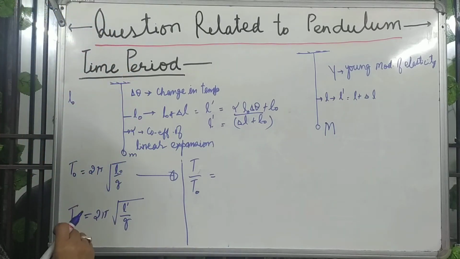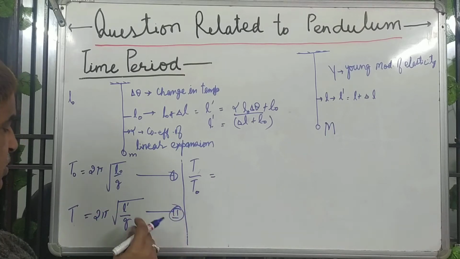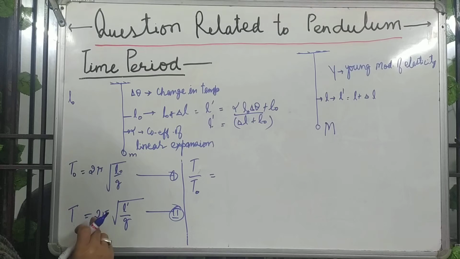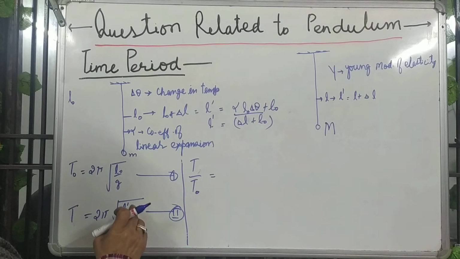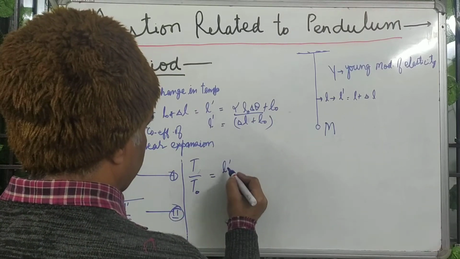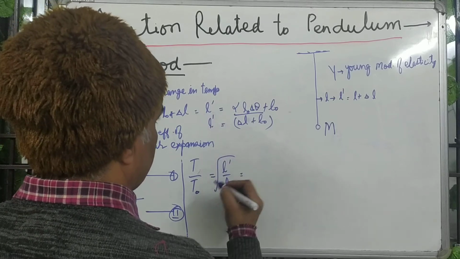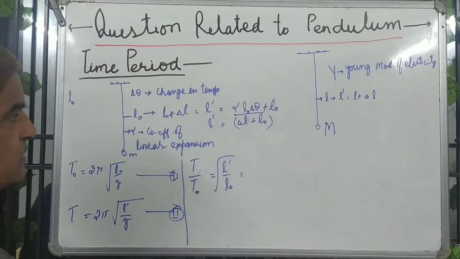In this, if we write equation number 2 divided by the first, 2 pi will be cancelled, and g and g will be cancelled. You will find L dash upon L naught, all under root. And what is the value of L dash?